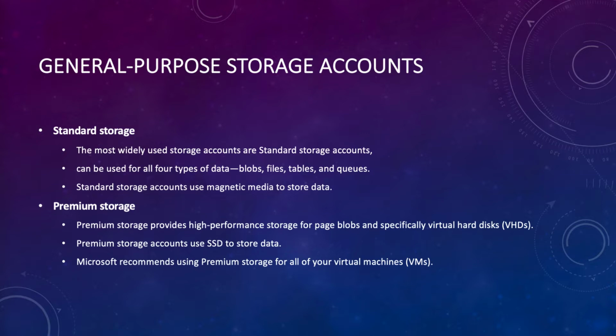Remember, standard storage accounts use magnetic media to store data, and that is a choice that you are making by default, so you're not getting SSD or hard drives over there. Old school tape drives in the back managed by Microsoft are taking care of your standard storage accounts. We will discuss the difference between the speed and performance later in this video.